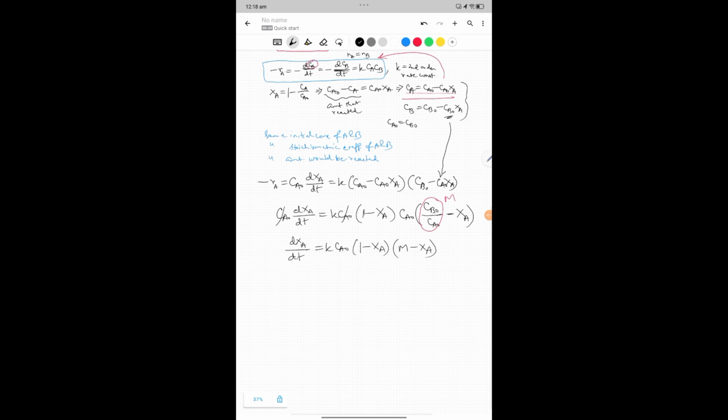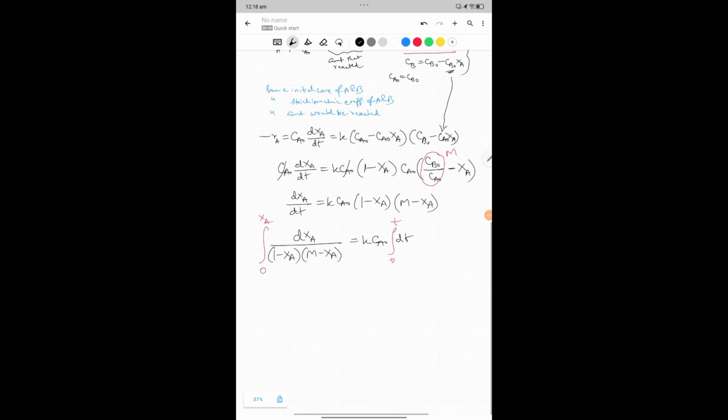Now we can take this to the left side. So dXA by (1 minus XA)(m minus XA) is equal to k CA0 into dt. As usual we will take integration. At time t equal to 0 we have 0 fractional conversion, at time t equal to t we have the total conversion, which is XA.